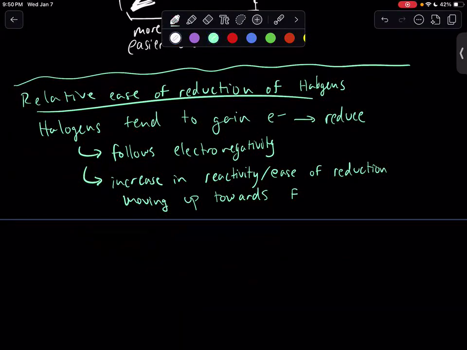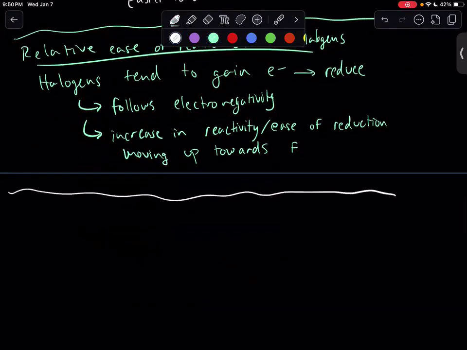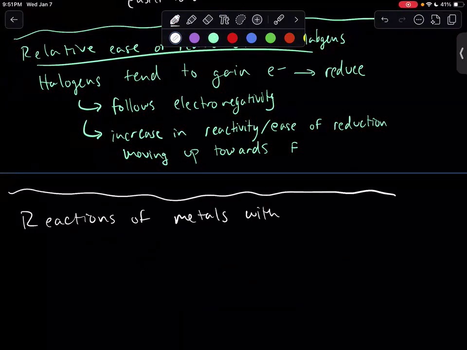So this is pretty much all you need to know about the ease of oxidation and reduction. In your chemistry class, you will likely do some type of reactivity series experiment to demonstrate this. But moving forward, the last thing we're going to do is talk about reactions of metals with acids.